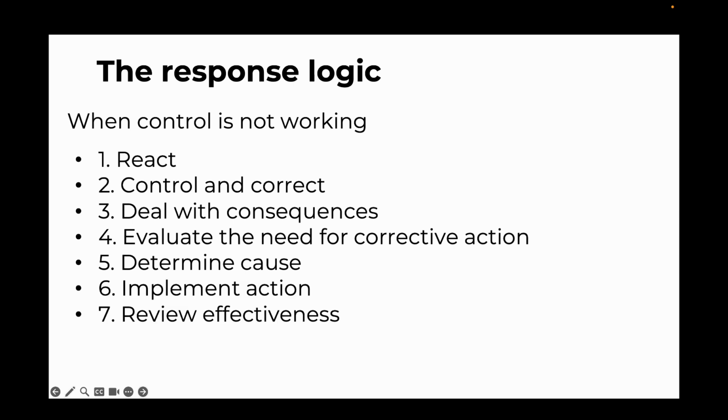Review whether the action was effective, and if needed, change the EMS. That last point matters. Sometimes the problem is not the person. Sometimes the problem is the system. The control, the method, the resource, the responsibility, the training, the monitoring frequency, or the objective plan.